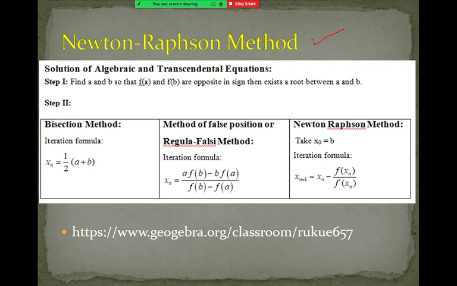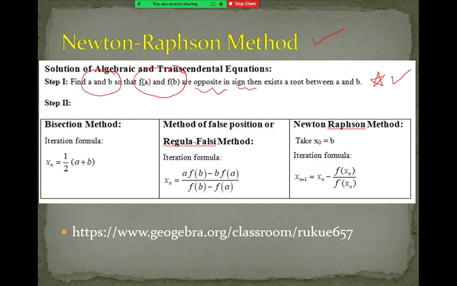First of all, this is a more accurate method, a fast convergent method, than the first two methods. All three methods have the same initial requirement: we select the points a and b so that f of a and f of b have the opposite sign. Only then do we start the iteration.